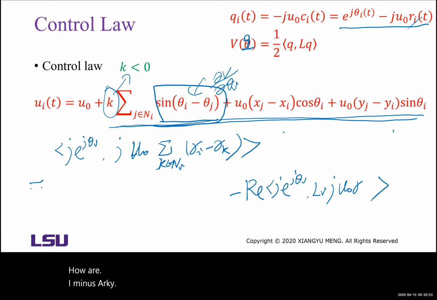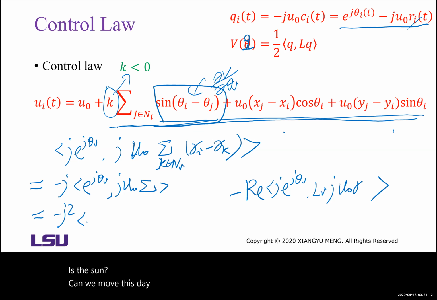So then we have J. If we move this J out, we have minus J squared U0, the sum part. This is 1.